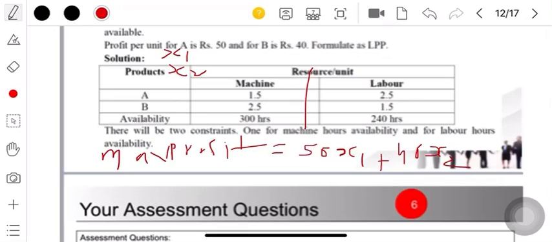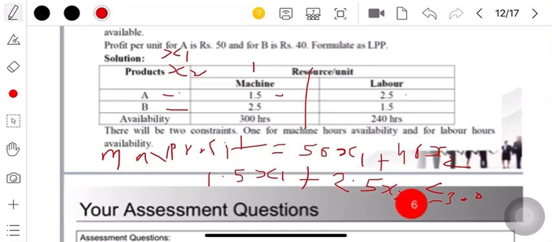And what are the constraints? To make 1 unit of product A we need 1.5 hours of machine time and 2.5 hours of labor. On the machine, we are producing x1 units, so the machine hours required are 1.5x1 for product A, plus for product B we are producing x2 units in a month, so 2.5x2, and this should be less than or equal to 300.